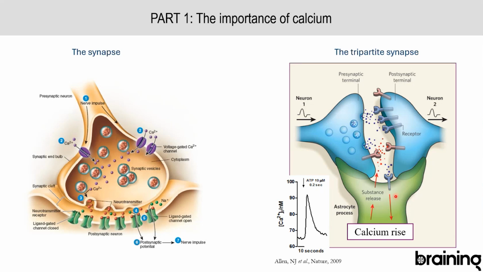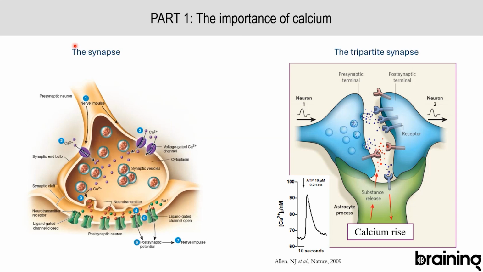The activation of these receptors in the astrocytes may lead to a calcium rise in this cell, as also represented here in this graph. And in some circumstances, this calcium increase in the astrocytes may lead to the release of molecules that are known as gliotransmitters that will modulate synaptic plasticity and synaptic transmission.